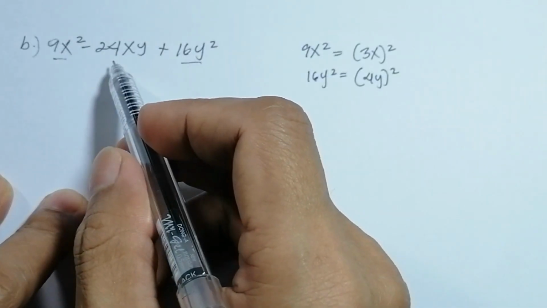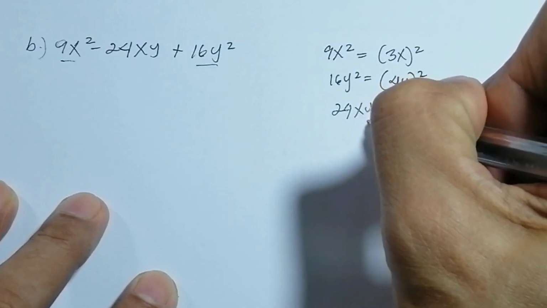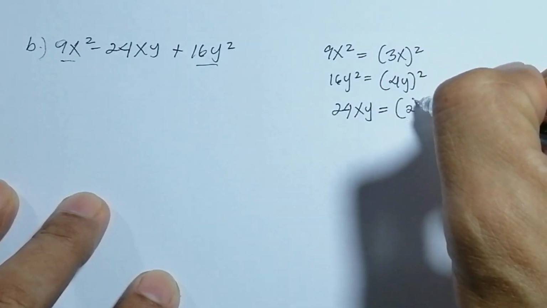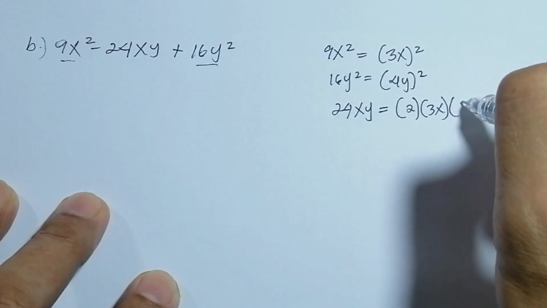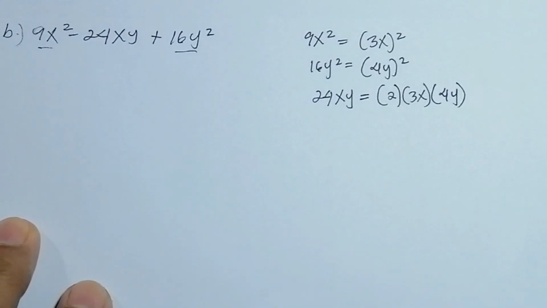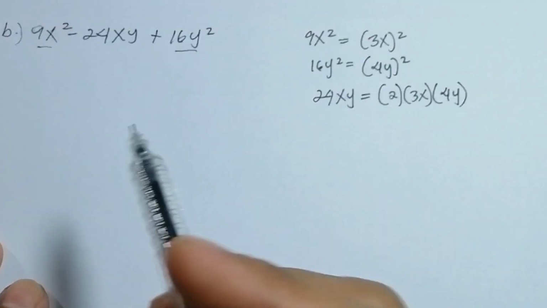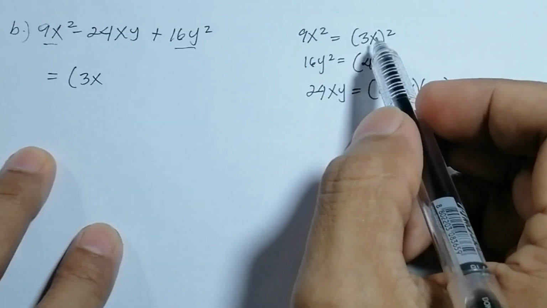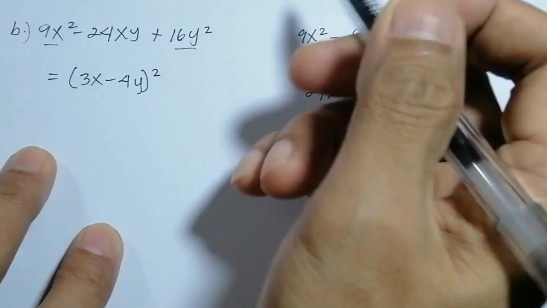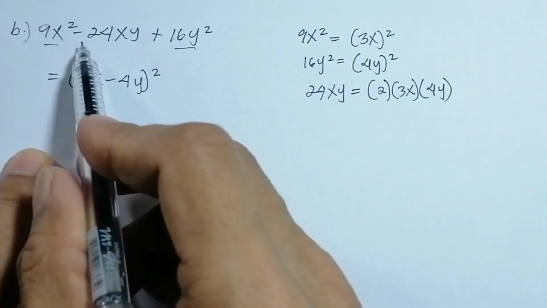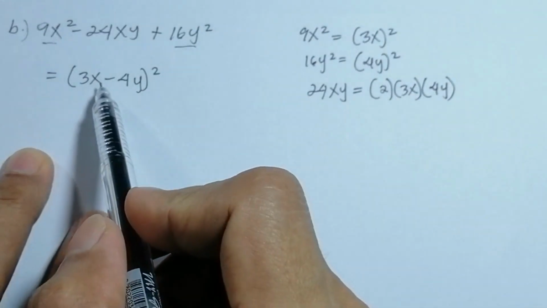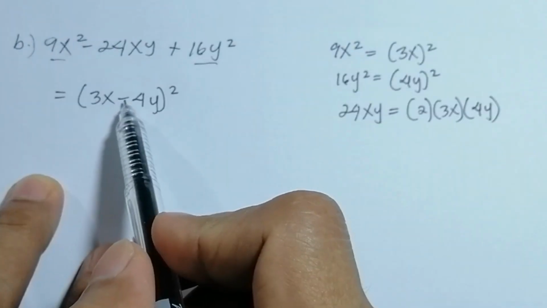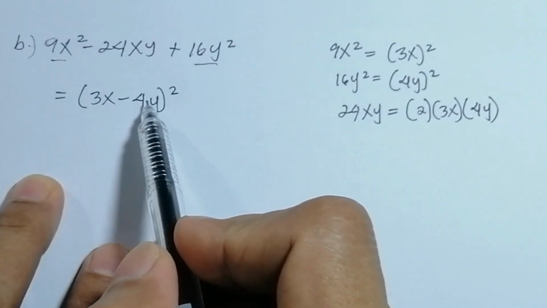We also factor 24xy, which is 3x times 4y. Therefore it is a perfect square trinomial. Thus we write this as 3x minus 4y squared. Because this is negative 24xy, the sign will be negative.